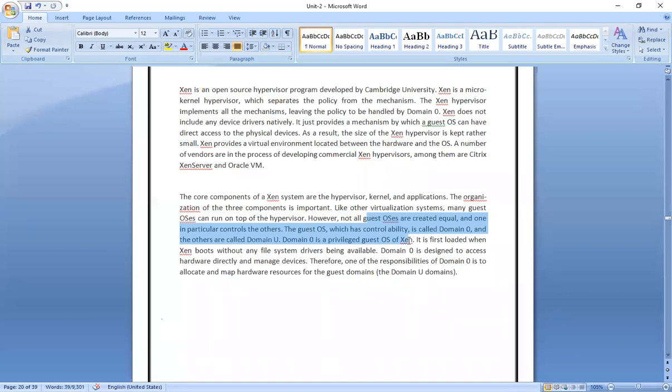This means domain 0 is loaded first when Xen boots, without any file system drivers being available. It is designed to access hardware directly and manage devices.